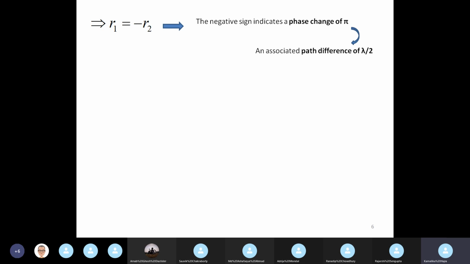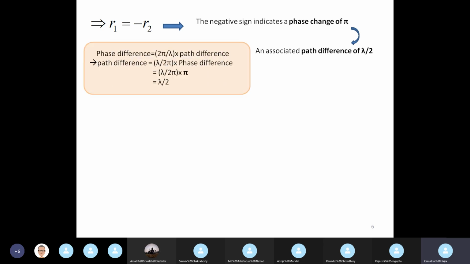Which means that the negative sign indicates a phase change of pi. The fact that the reflection coefficient of one medium has a sign opposite to that of the other medium indicates a phase change of pi, which means there is an associated path difference of lambda by 2.